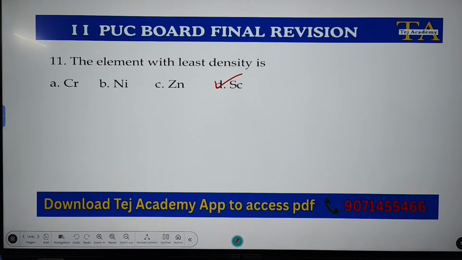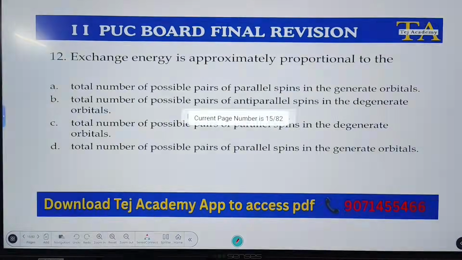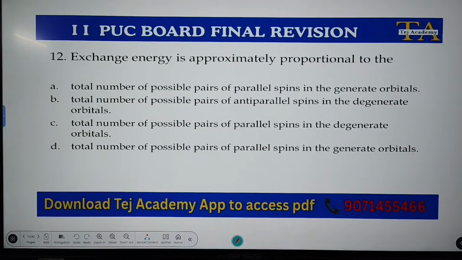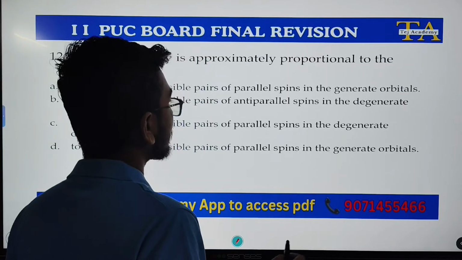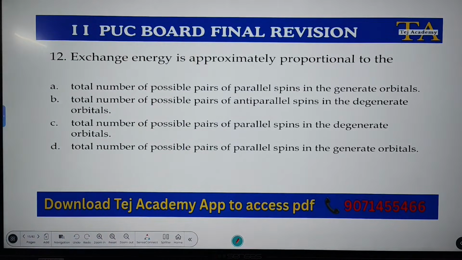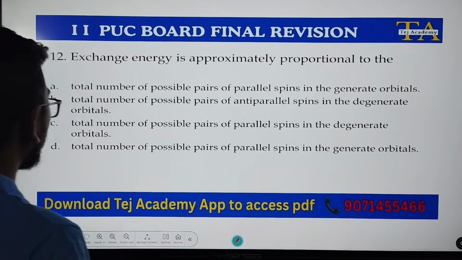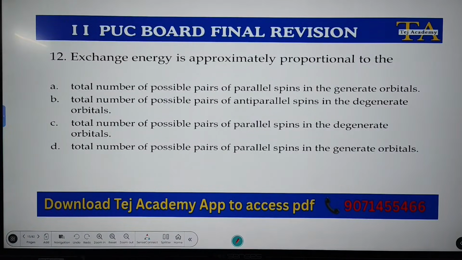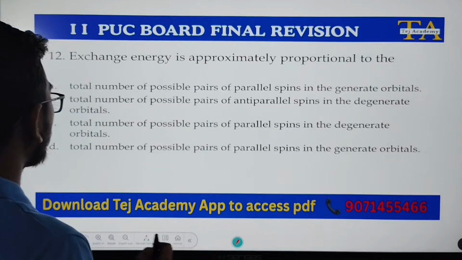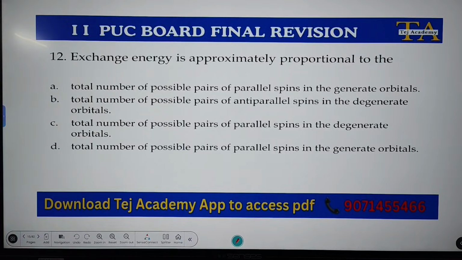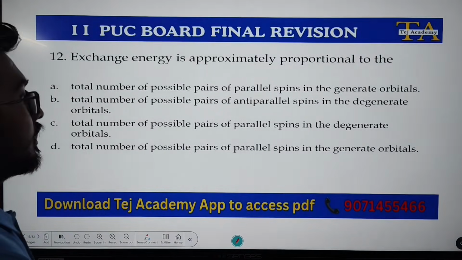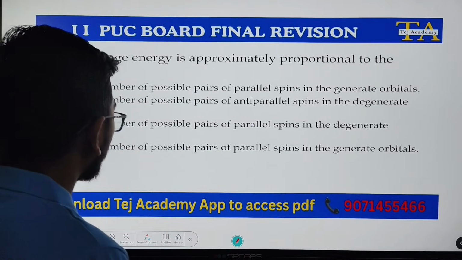Okay. Next question, 12th. Exchange energy is approximately proportional to the total number of possible pairs of parallel spins in the degenerate orbitals; total number of possible pairs of anti-parallel spins in the degenerate orbitals; and so on.